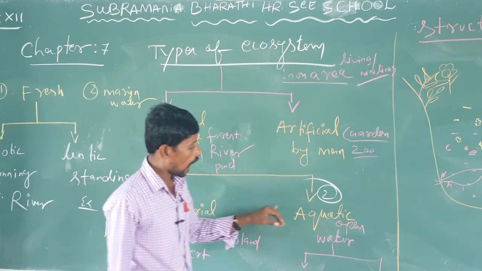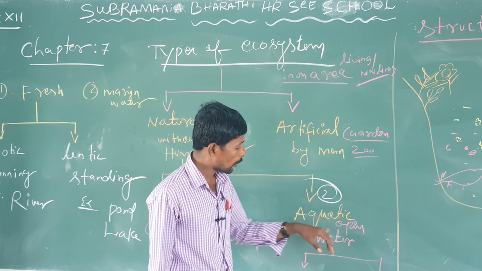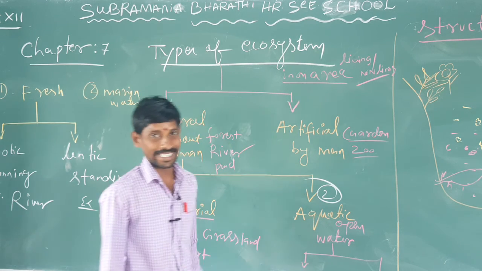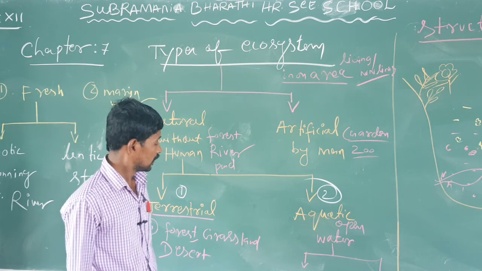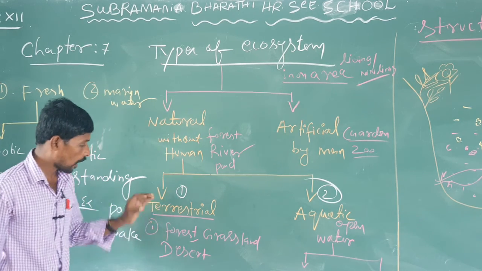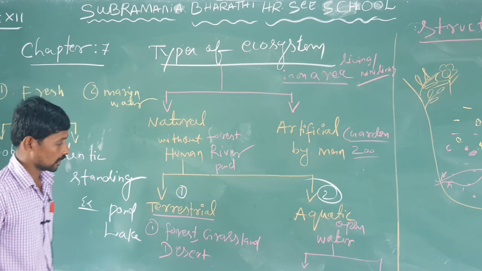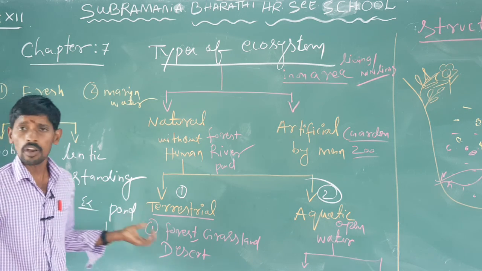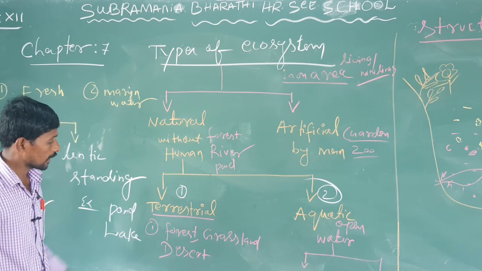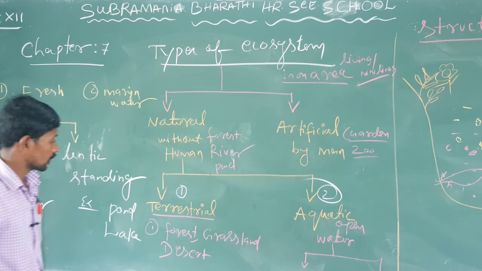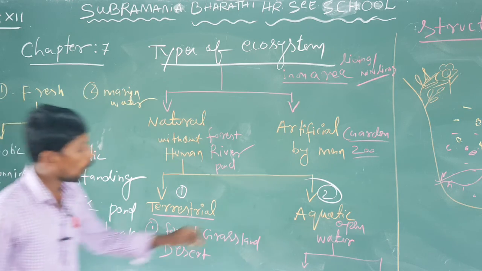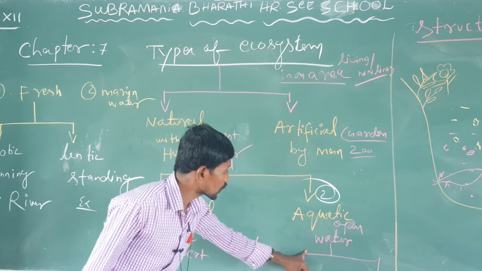Second one aquatic, only the open water ecosystem. The terrestrial ecosystem, forest and grassland, has the living organisms and the non-living organisms, both in the terrestrial ecosystem. Then aquatic, only the water content or ecosystem.